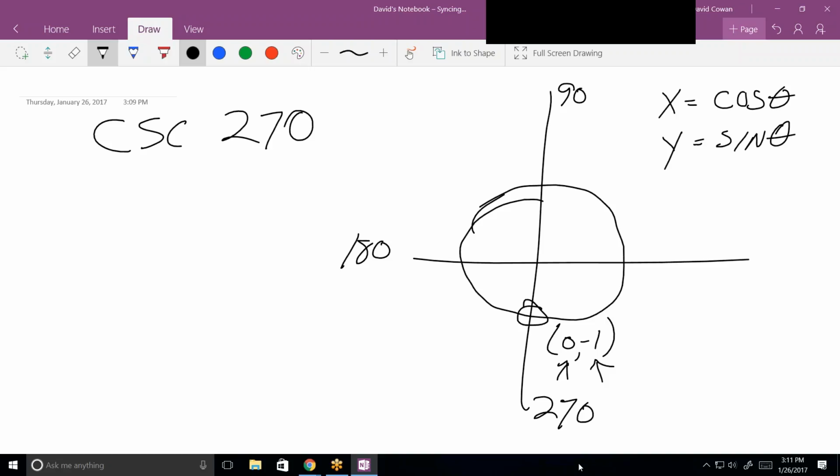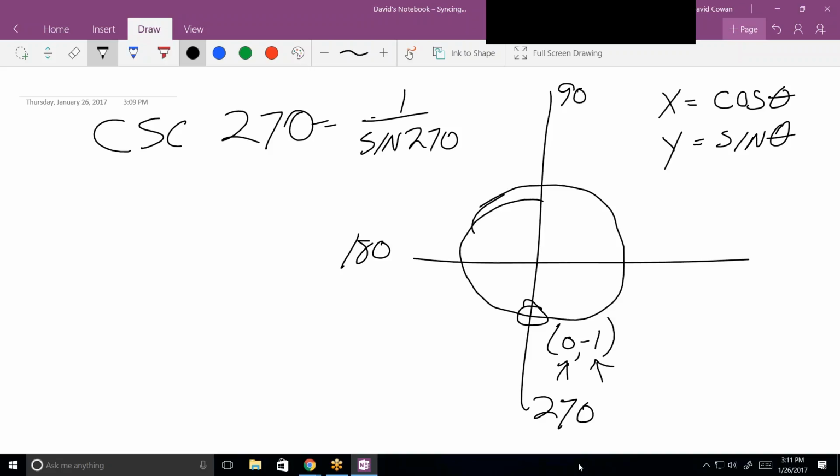Well, first of all, what's the reciprocal of cosecant? Sine. It's the same as 1 over sine of 270. What's the sine of 270? It's -1.